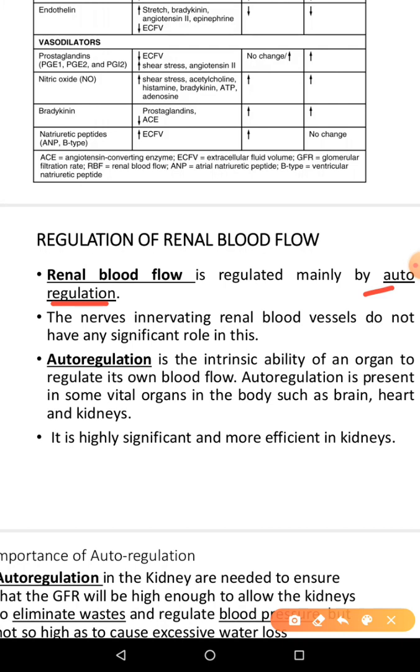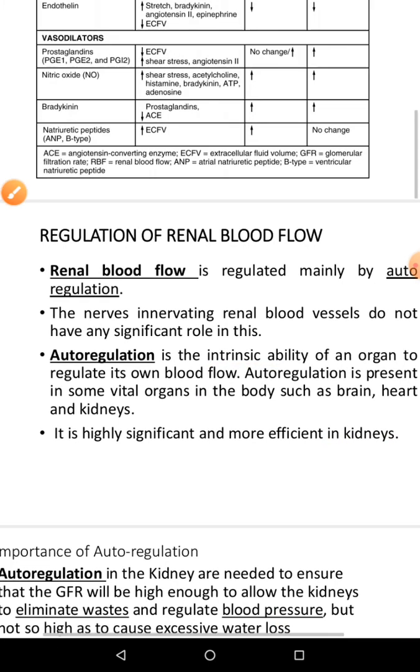That's what we call autoregulation. It is an intrinsic ability of an organ to regulate its own blood flow. Autoregulation is present in some vital organs such as the brain. It is present in the heart and the kidneys. But however, it is highly significant and more efficient in the kidneys.